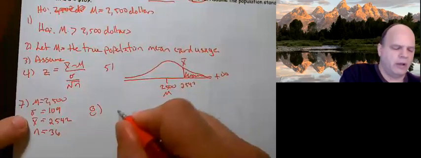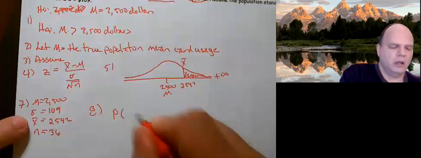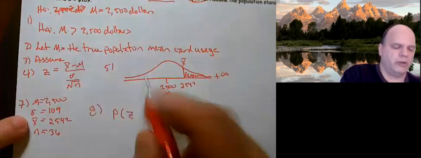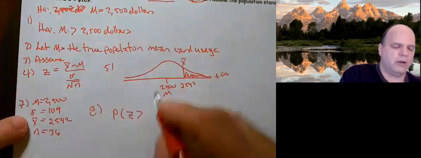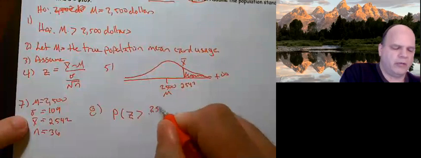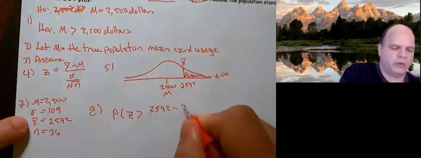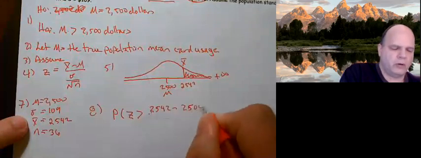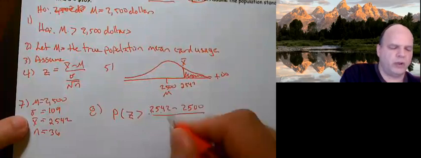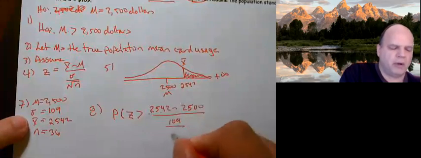We're going to have the probability that Z, which way did our alternative go, is greater than 2542 minus 2,500, that's my x bar minus my mean, over my standard deviation of 109, divided by the square root of 36.